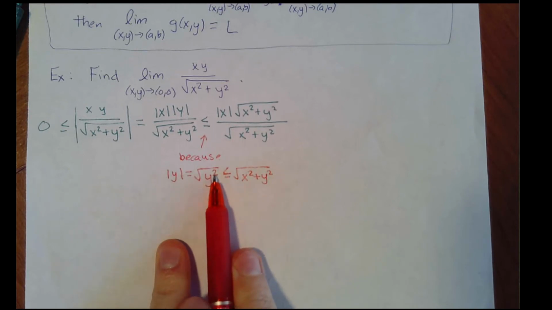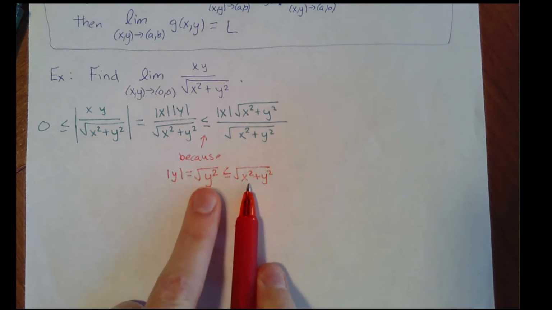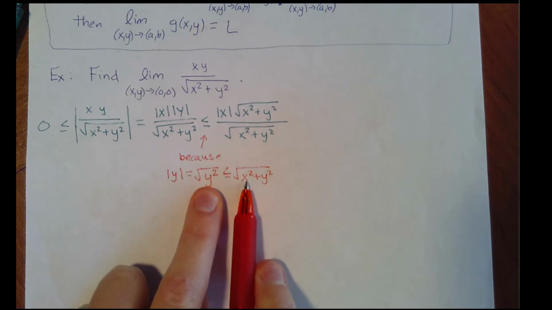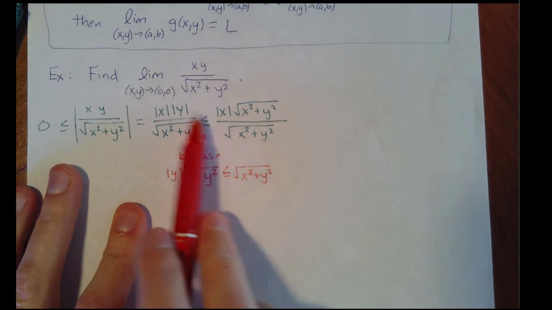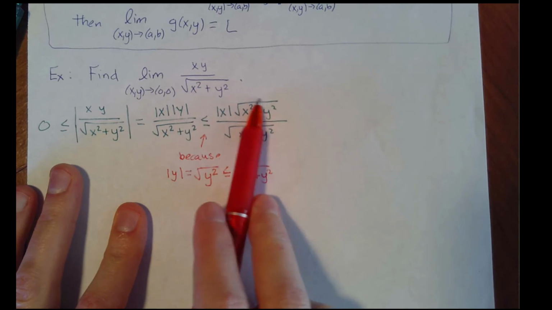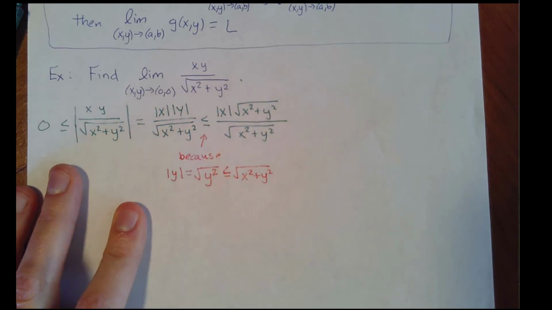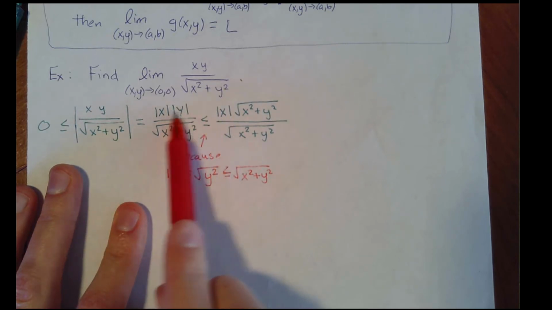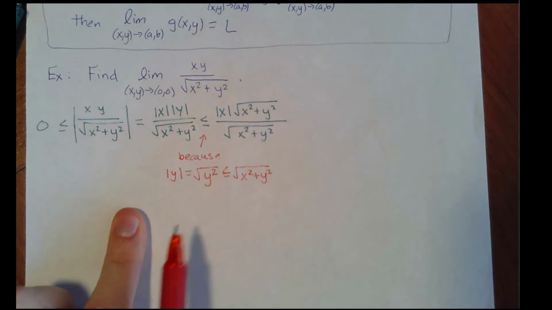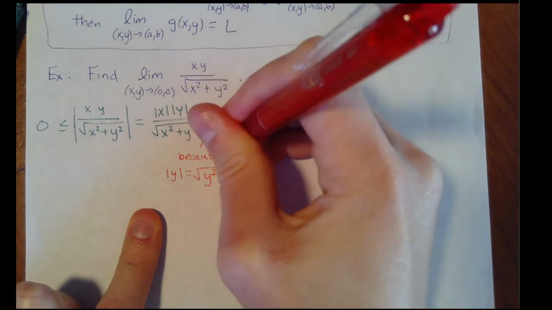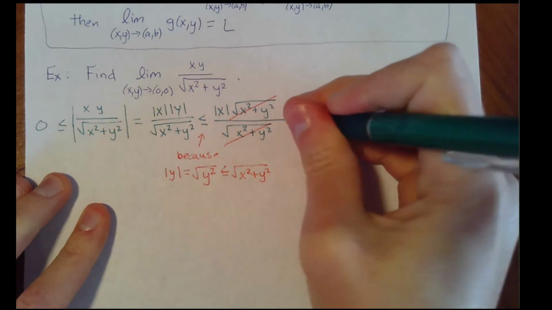So that justifies this here. If I replace the absolute value of y with the square root of x squared plus y squared, it's no longer equals, but I can say it's less than or equal to. Now the reason I did this is because I can cancel this and get a simpler function, the absolute value of x.